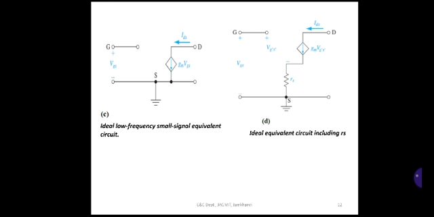This third figure shows the ideal low frequency small signal equivalent circuit, shown in figure C. All the diffusion resistances are infinite and the series resistances are 0. This is the method to redraw the circuit.